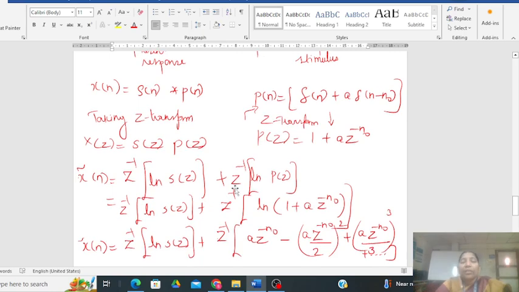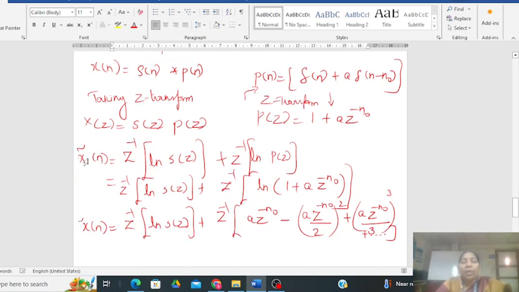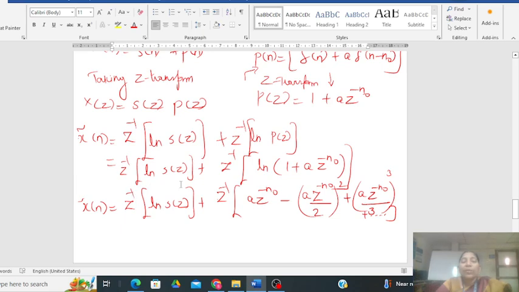Then after that you have to apply the inverse z transform for the natural logarithm of s of z plus the inverse z transform for the natural logarithm of p of z. The inverse z transform of the natural logarithm of s of z will remain as such. When you apply the inverse z transform for the logarithm of p of z, which is nothing but 1 plus a into z power minus n naught, you have to expand this logarithmic series.